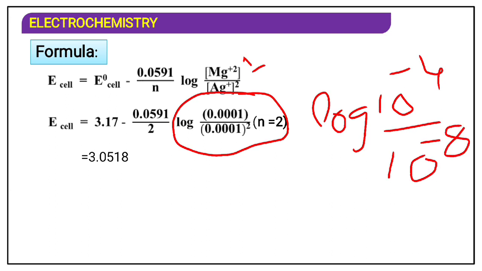Then cancel this: 10 to the power of minus 4 over 10 to the power of minus 8 means 10 to the power of minus 4 is still remaining in the denominator, isn't it? Then you send the 10 to the power of minus 4 up, and it becomes 10 to the power of plus 4.